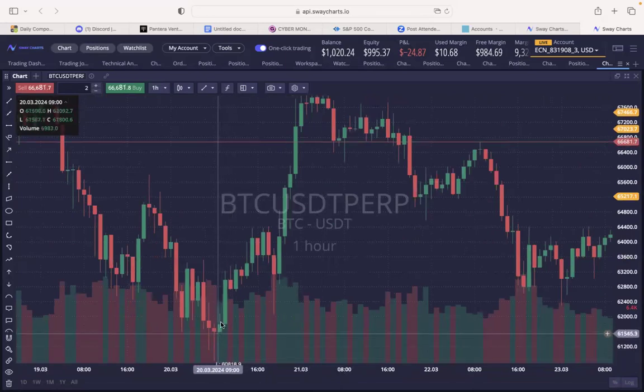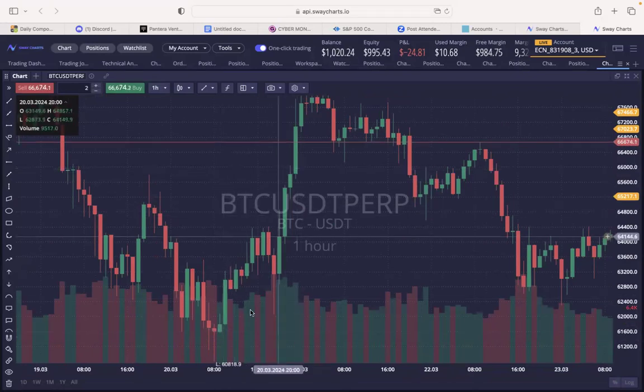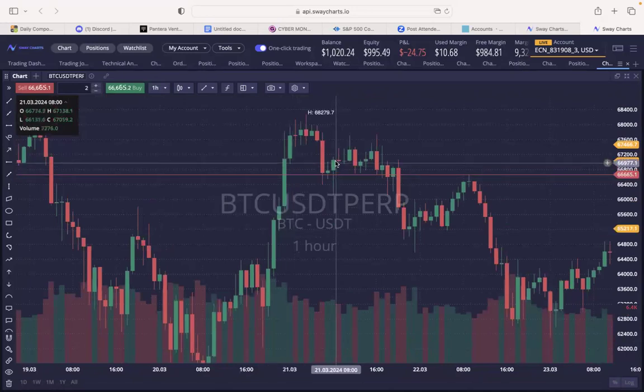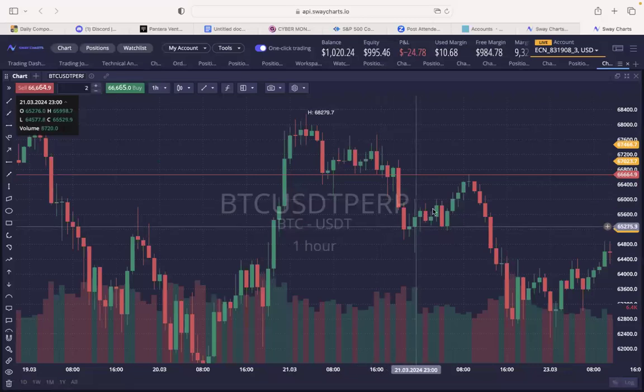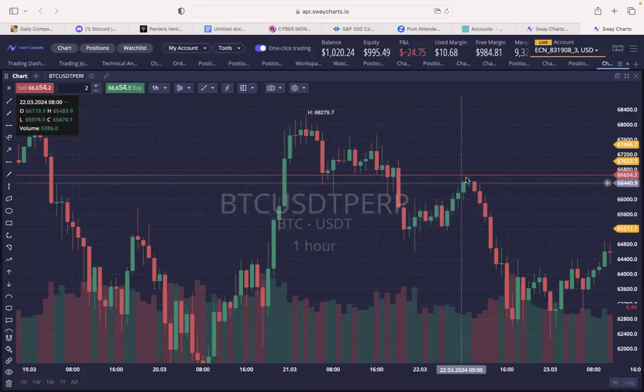But if you don't manage it, if you don't trail it, if you don't set a target, you could have gotten in here as a trade and got kicked out, right? Got in again as a trade and got kicked out because it didn't really quite hit your 2-to-1 risk reward.